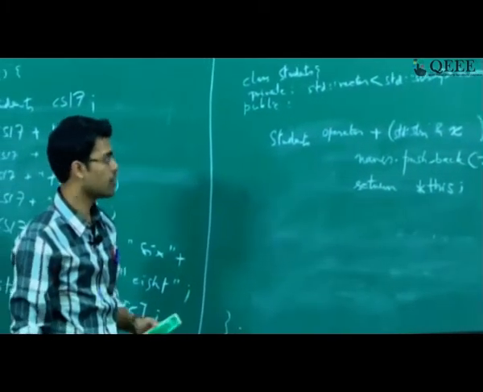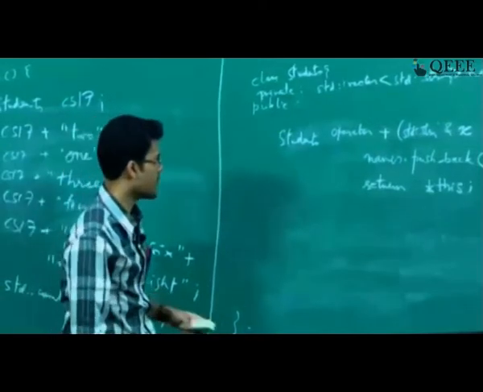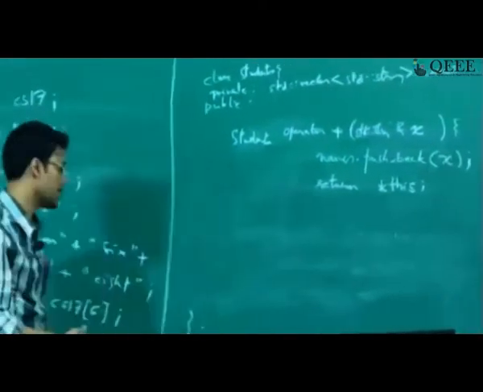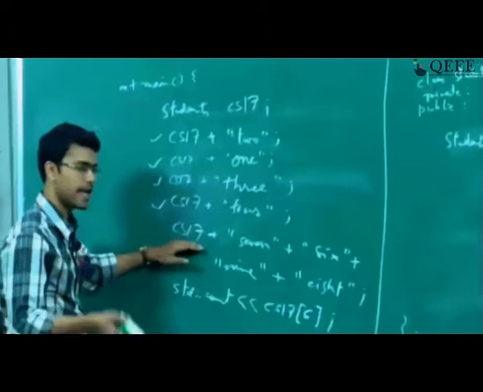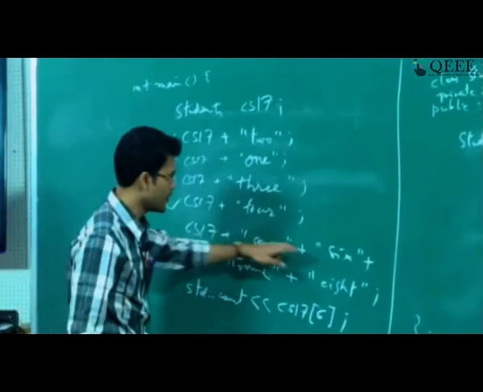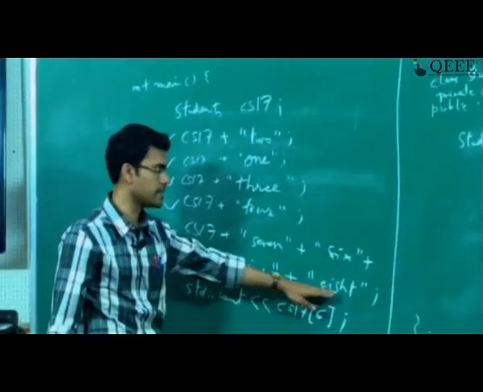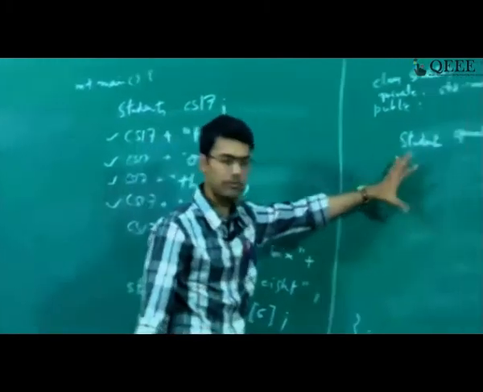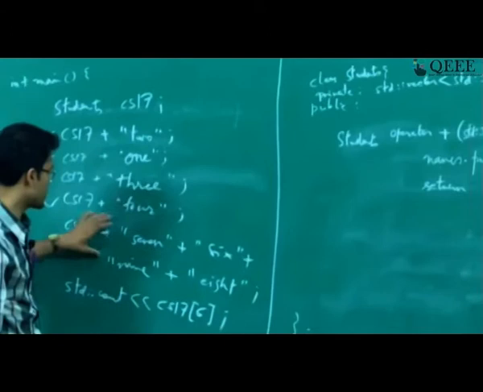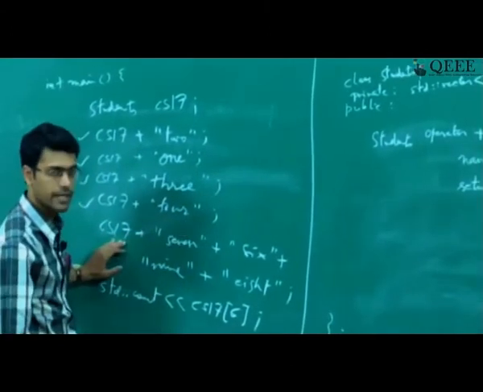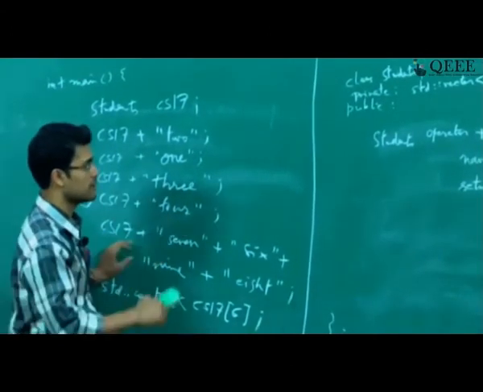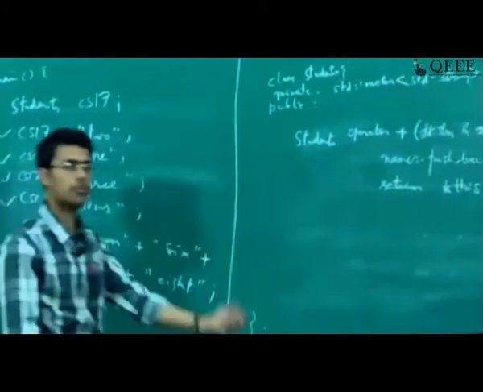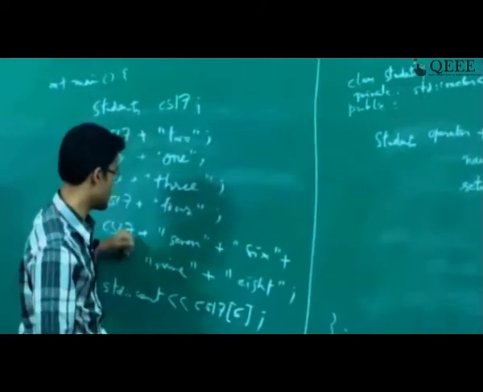If you carefully look at the slide, you will realize that what we want really is that CS17 is exactly the same object to which all of these 6, 9, 8 should get added. It should not be a copy. Now what will happen with this code is that CS17 plus 7 will add it to CS17 and it will return star this, which will be a copy of CS17.